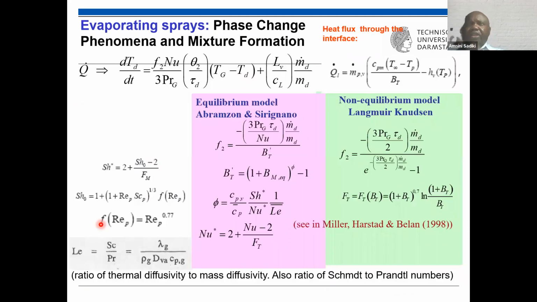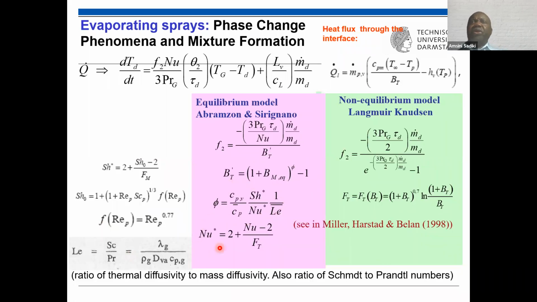Here I give only the expression, so the details can be obtained in this paper. So we have F2, we have BT, we got this expression here, and phi is given by this expression where we have a dependency on the Lewis number.